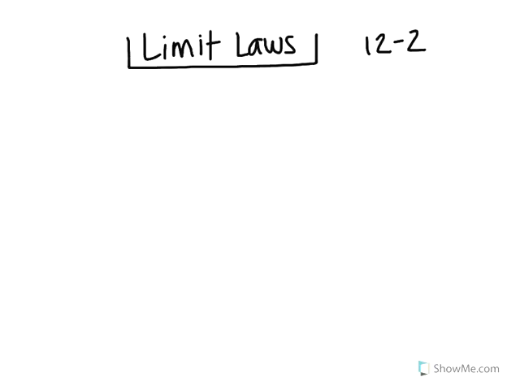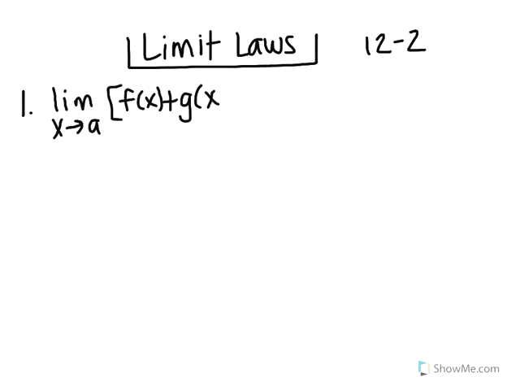So we're continuing on with section 12-2, and we're going to go over 8 limit laws. So the first limit law is the limit as x approaches a, and then we're going to go ahead and add them together. So it'll be f of x plus g of x, which can actually be simplified.